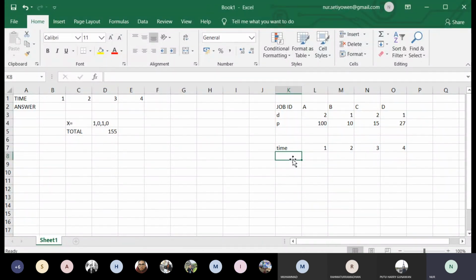Jadi ngurutin yang paling gede, yang D gitu, Pak ya. Okay. C. What you take first? Actually, not really. You can explain.